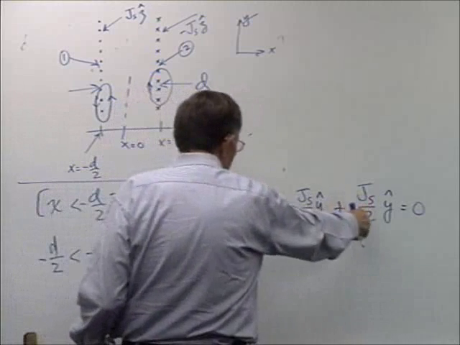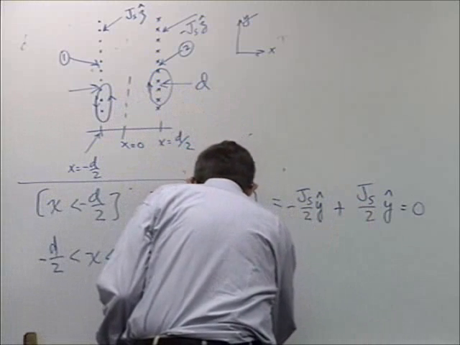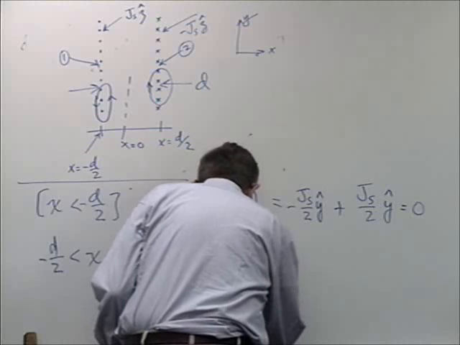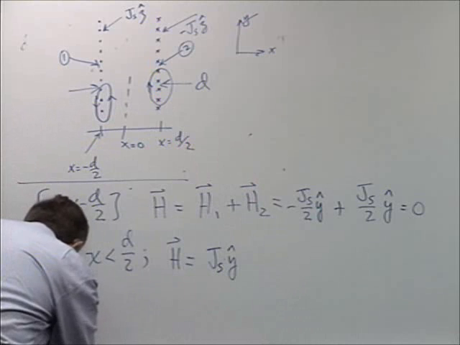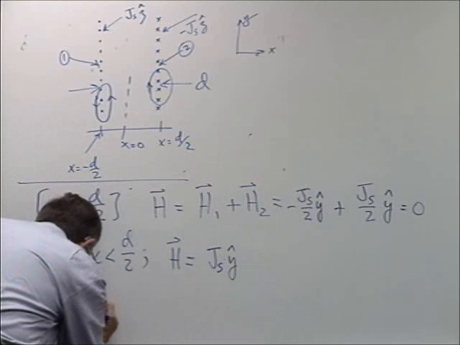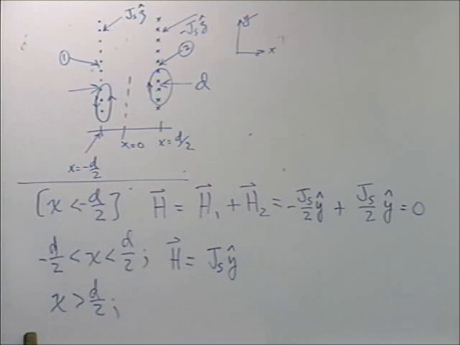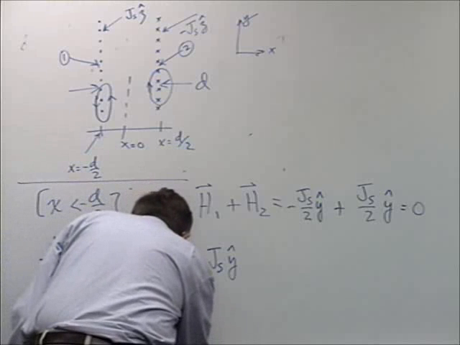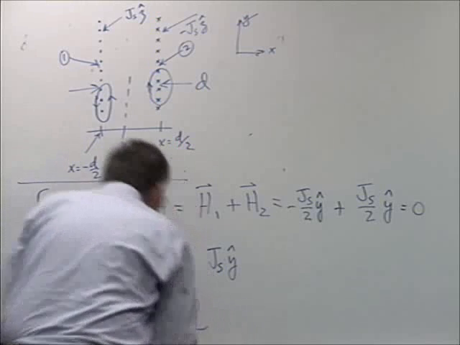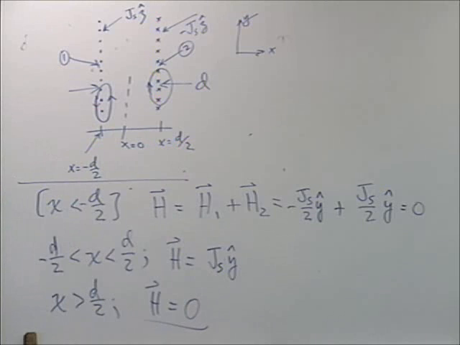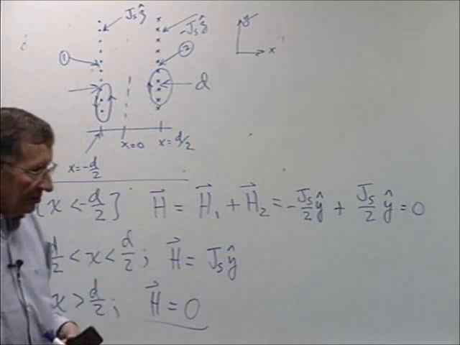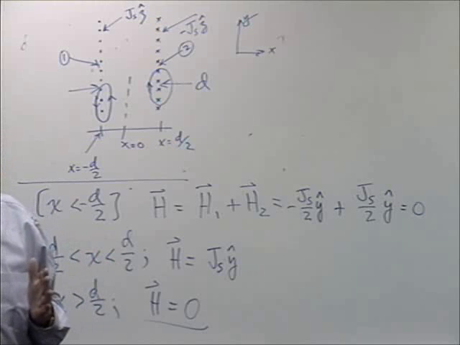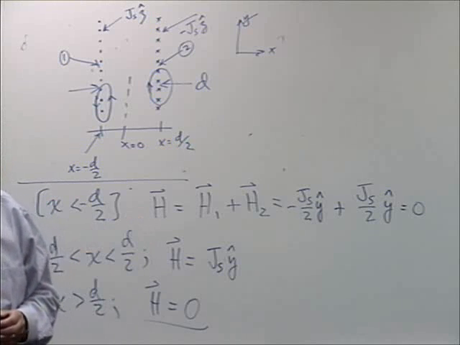Each one is JS over 2, so it's going to be JS in the y direction in between the sheets. And for x greater than d over 2, H equals 0. So if you have two infinite sheets of current, you only have a field inside. You don't have fields outside.